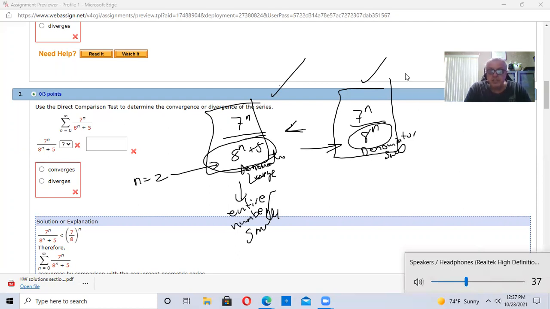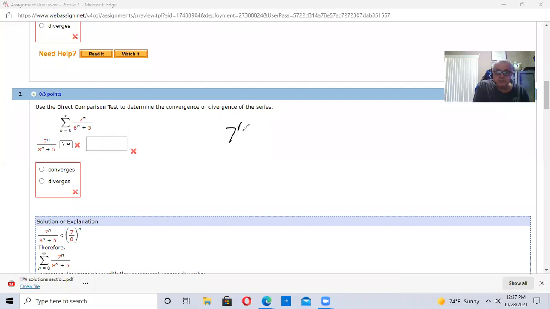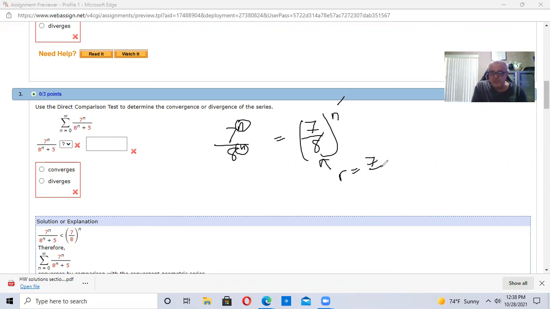So I'm going to erase this, and we're just going to look at this. And another way of writing this, by the way, is 7 over 8, to the n, right? When you have an n power, you can bring it out to make it look like this. And this is the geometric series. And r equals 7 over 8.